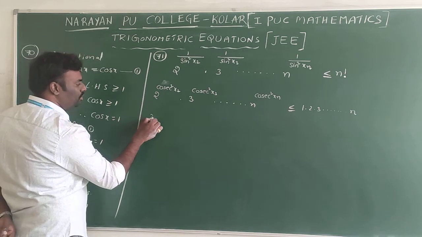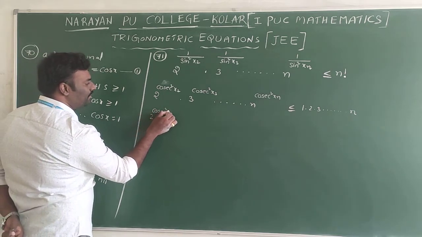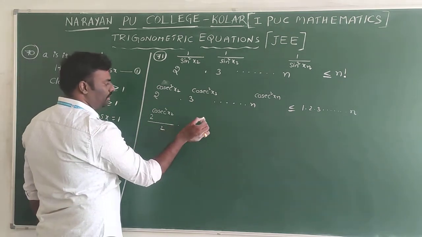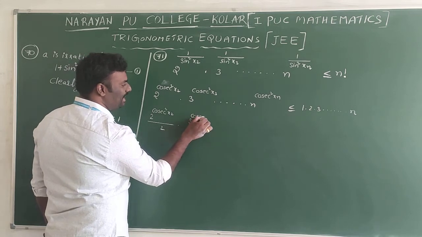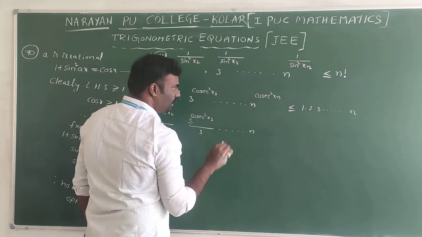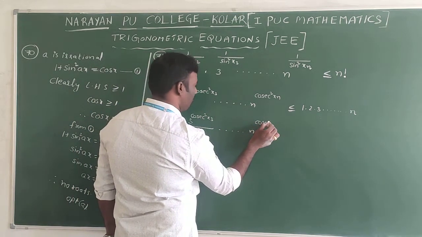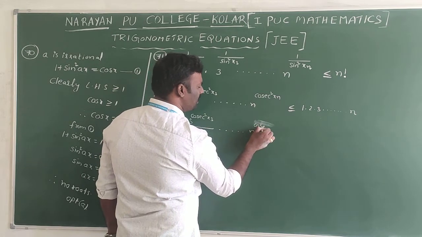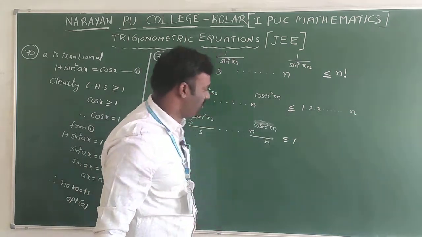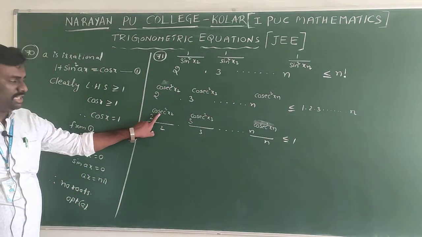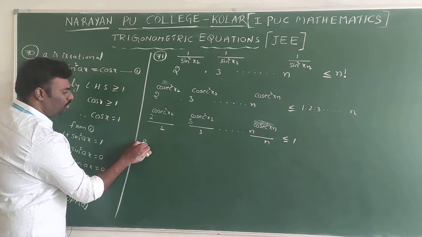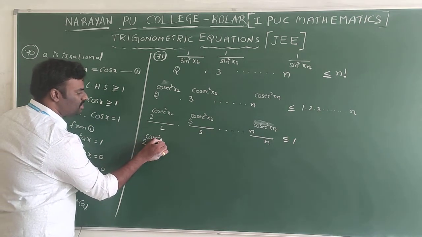Then I can write 2 power cosecant square x2 by 2, next 3 power cosecant square x3 by 3, like that, n power cosecant square xn by n, less than or equal to 1. Here the power is cosecant square, and here the power is 1. This 1 we take to the numerator, becomes minus 1, that is 2 power cosecant square x2 minus 1.